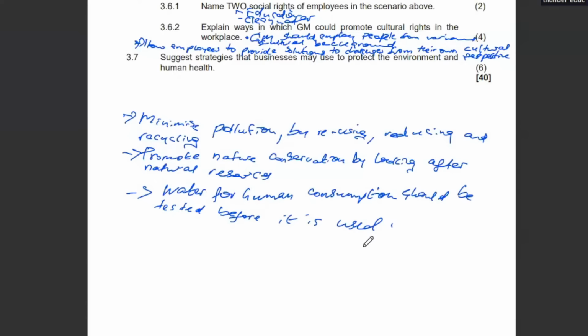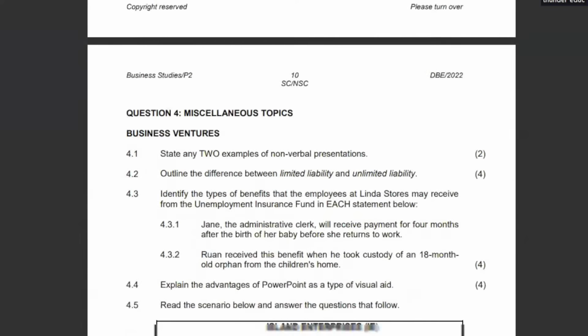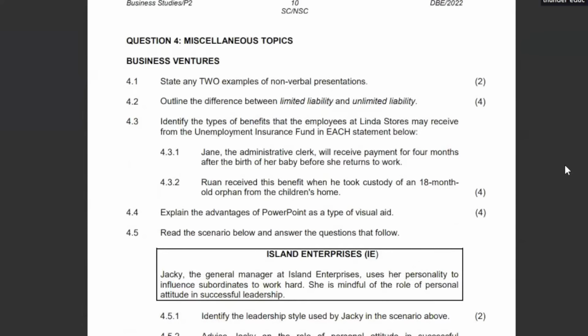Okay, grade 12s. Now let's move on to question 4. Question 4 reads as follows. Examples of non-verbal presentations. Remember, we can actually have tables, graphs, bar graph, line graph, histogram, pie chart, or charts.